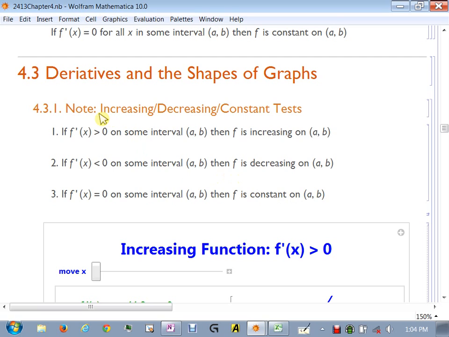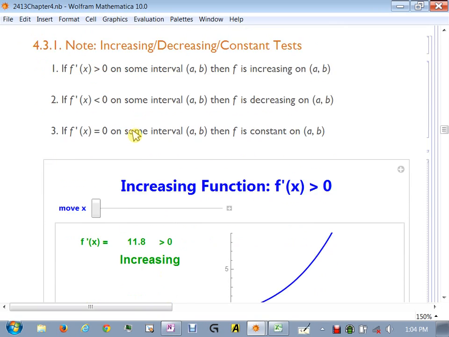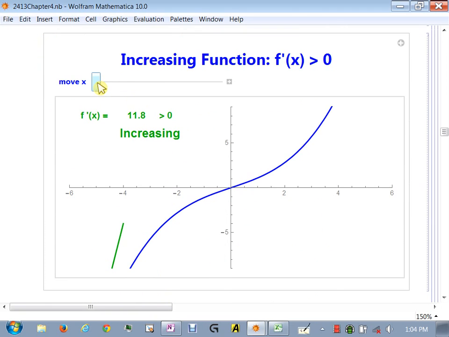So, derivatives and the shapes of graphs. Remembering what it meant for a function to be increasing, decreasing, and constant. So remember, increasing means that as you move on the function from left to right, you're going up, right? Like if you're reading this function from left to right, or riding it like a roller coaster, you're going up, yes? Notice that if I take the slope of the tangent line, that green line, at any point, the derivative, the slope, is positive.